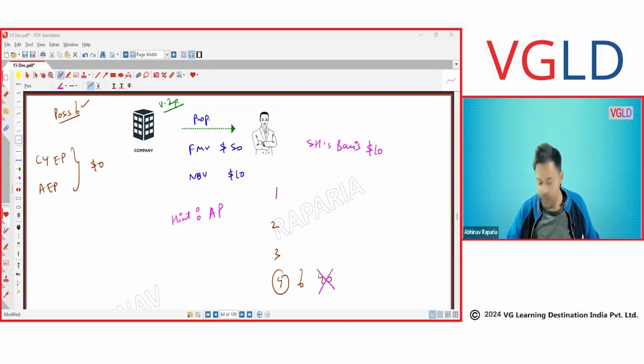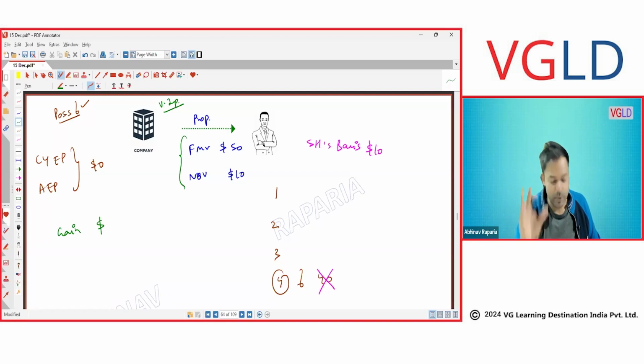No problem. Let's do it together. People, it's an appreciated property. So that means, is the company going to recognize the gain here? Yes. How much gain? You're absolutely right. You will recognize the gain of 40.